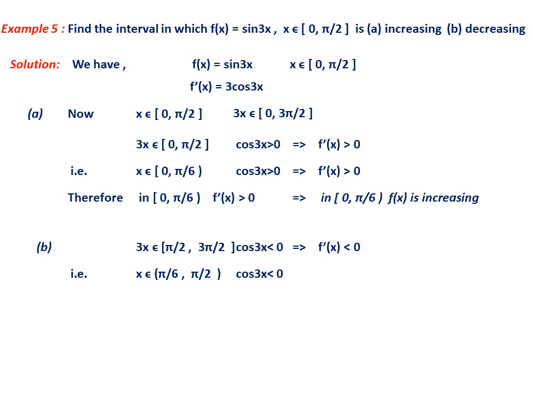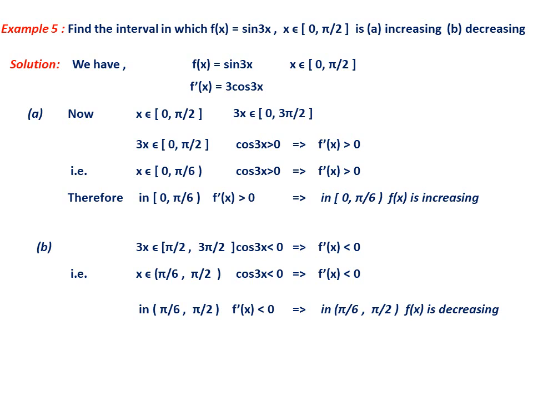And in this interval, cos 3x is strictly negative. So this implies f dash x is strictly negative. Therefore, in the interval pi by 6 to pi by 2, f dash x is negative. This implies in interval pi by 6 to pi by 2, f of x is decreasing.